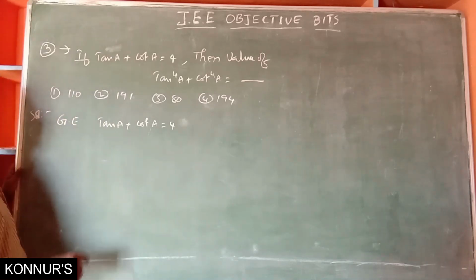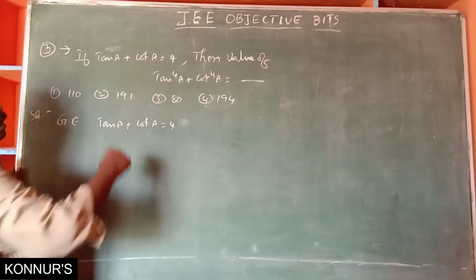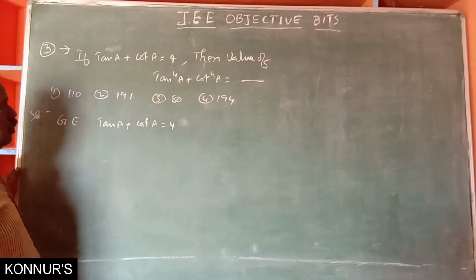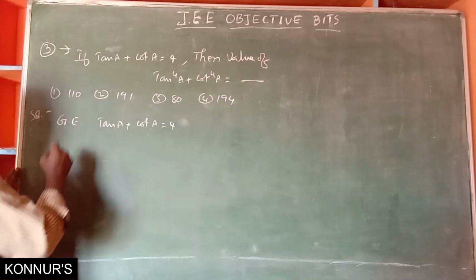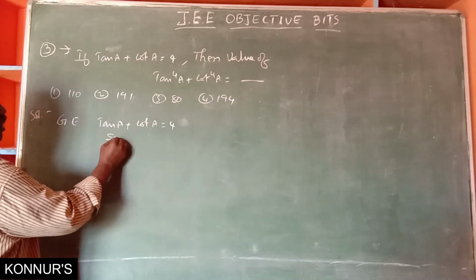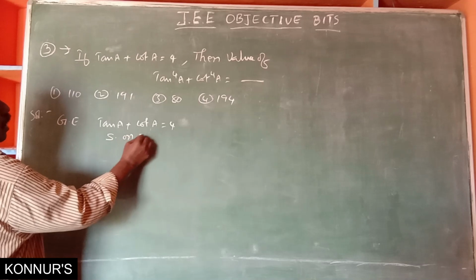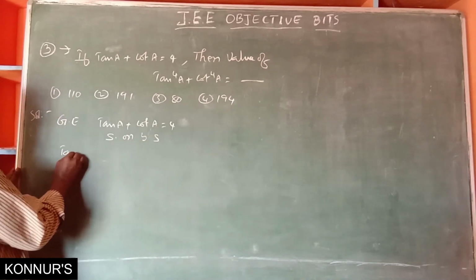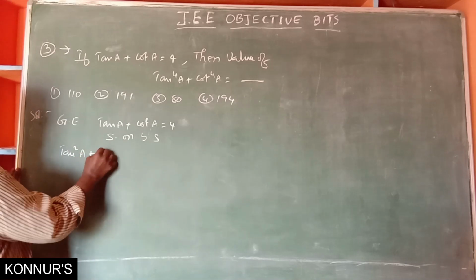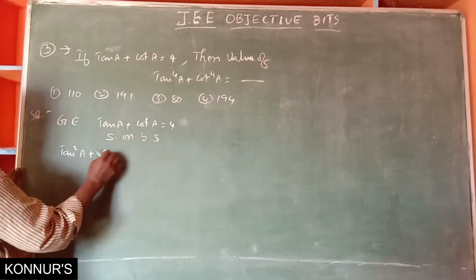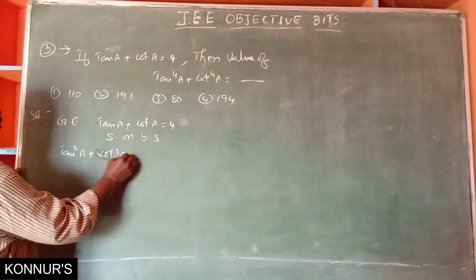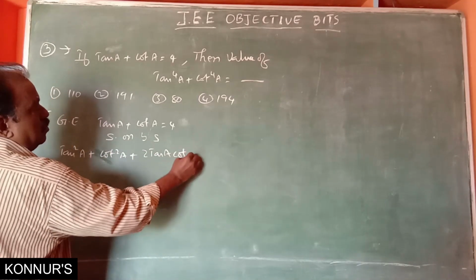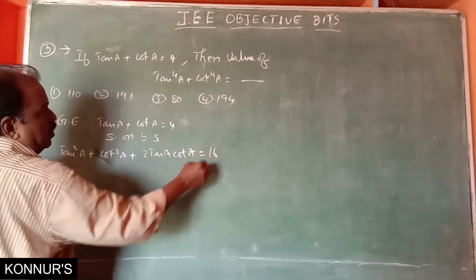So, in order to get the value of the required expression, a small method is there. This is the given equation. We are squaring on both sides. So it is tan square A plus cot square A plus 2 tan A cot A is equal to 16.